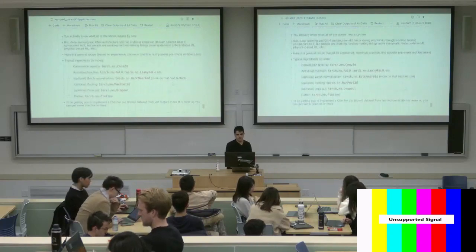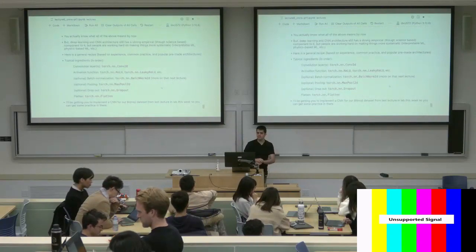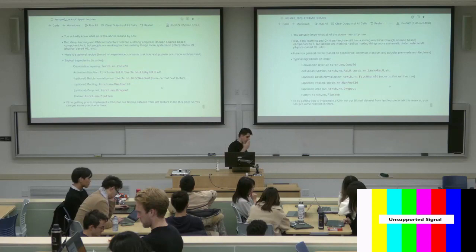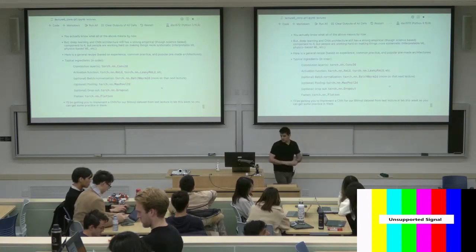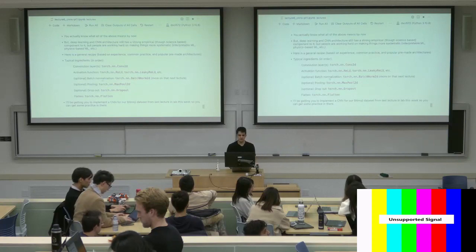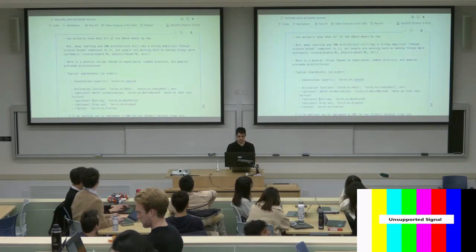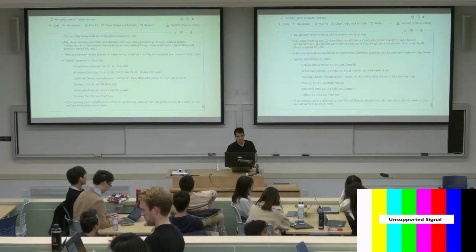Okay, so once again, typical ingredients that we have for convolutional nets. We have the convolution layers, activation functions again. There are other ingredients: pooling is not that much optional. I should actually make that non-optional, because otherwise your network will be too large.